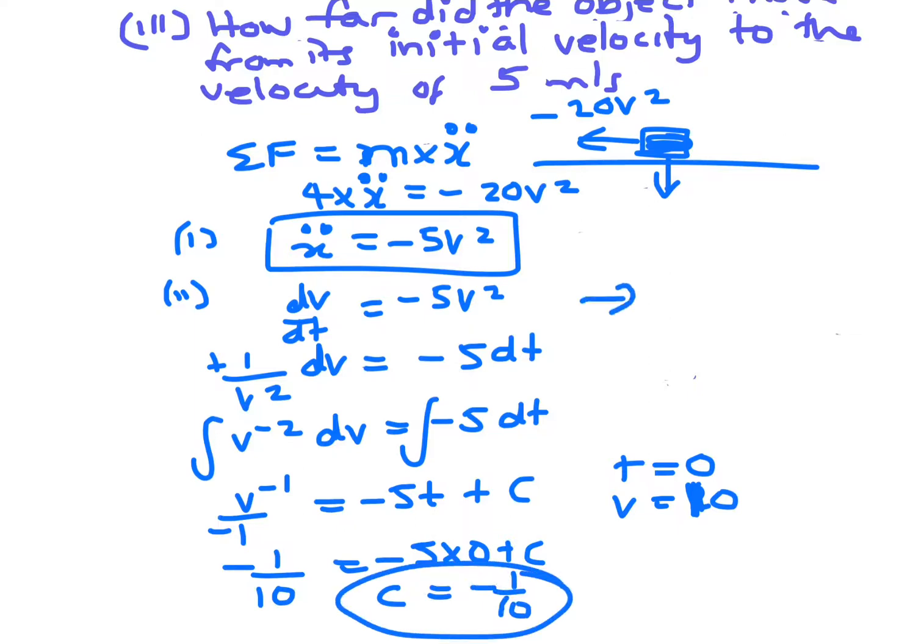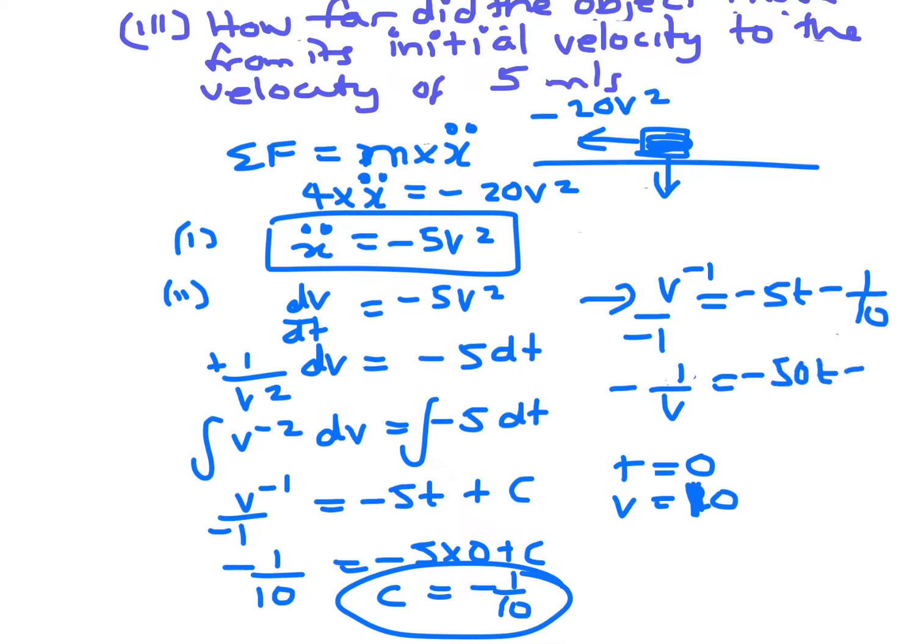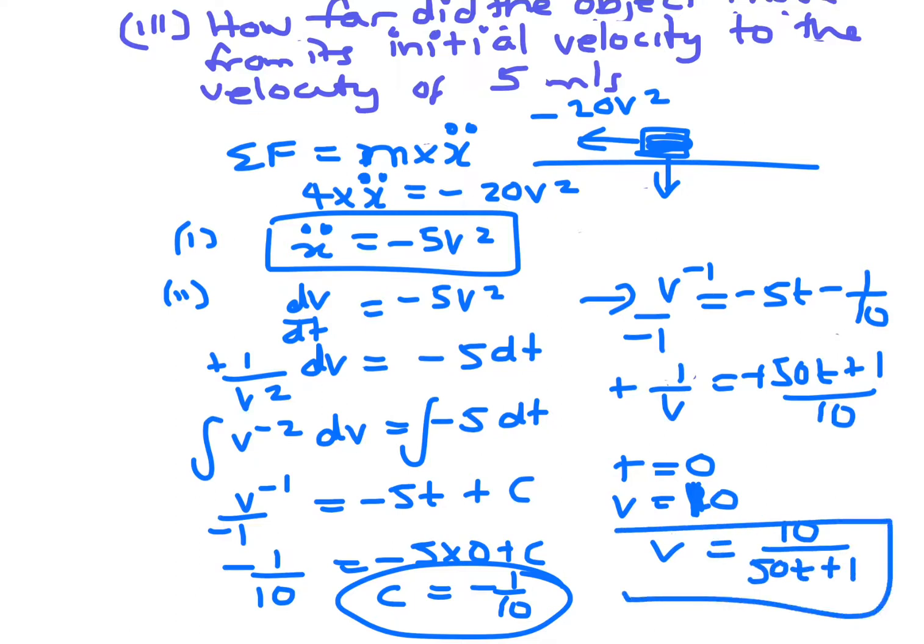So we have v to the minus 1 equals minus 5t minus 1 on 10. Minus 1 on v equals, now I better get a common denominator here, minus 50t minus 1 on 10. The signs will go out because there's a negative in all of them. Let's flip it. V is 10 on 50t plus 1.